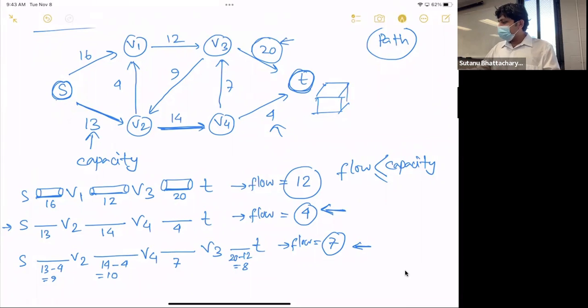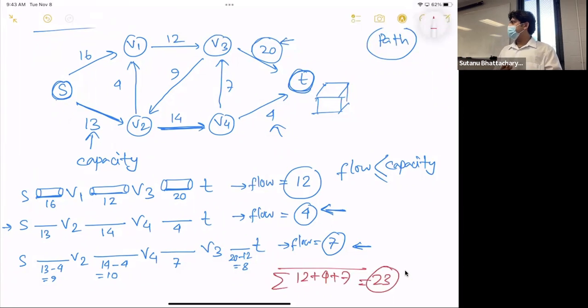The maximum flow would be the summation of this 12 plus 4 plus 7. So 23. So 23 gallon of water you can send or you can supply at a time from source to terminal node.